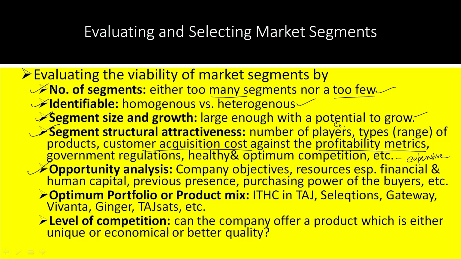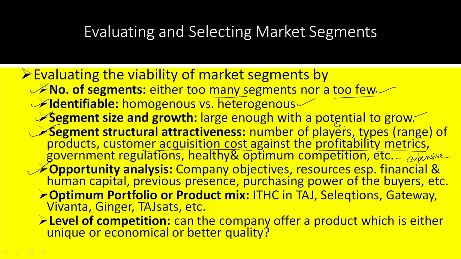So if you are taking the purchasing power of this segment as the basis for segmentation, then the same segment will go to Australia in the 5-star category as well as the USA in the 5-star category. So previous presence may be in the case of the USA, but now the company is planning to come up with Australia. That is what the company has to justify and ensure, whether it has ever catered to this kind of segment earlier.